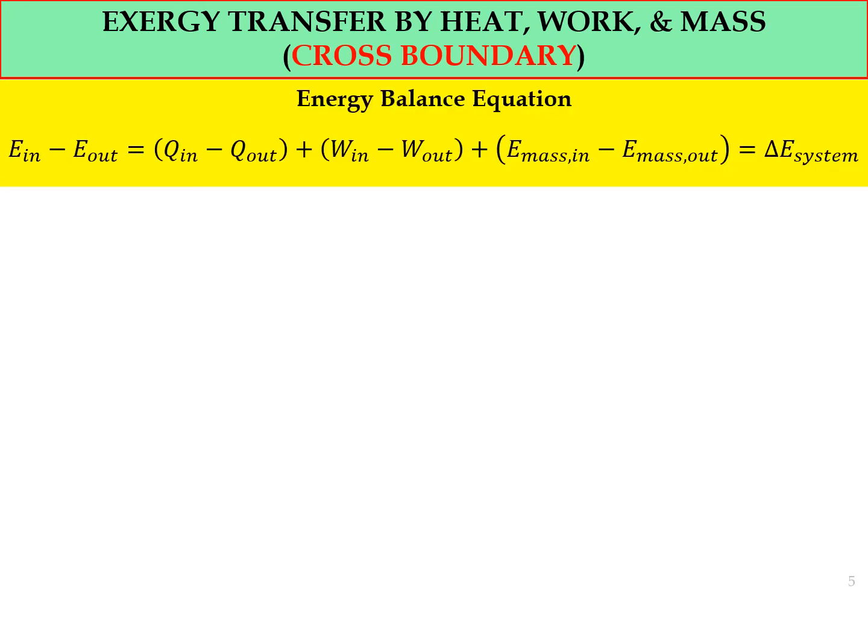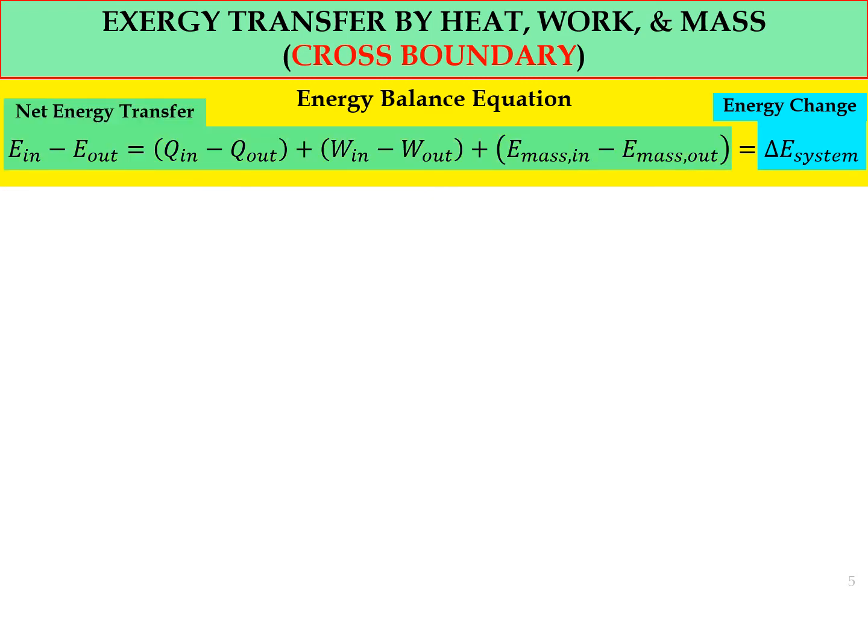Exergy transfer by heat, work and mass across the boundary. Again, we look into the energy balance equation, and as you can see, we have two sides. On your right hand side is the changes of the system, and on your left hand side is the net energy transfer. The expansion of the net energy transfer is the energy coming from heat, work, and also mass.